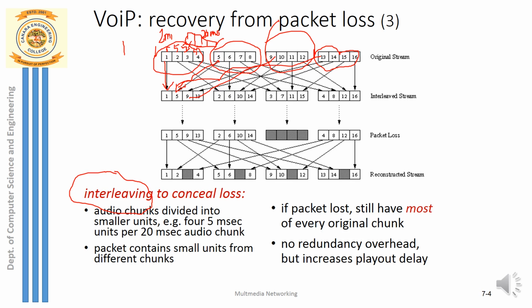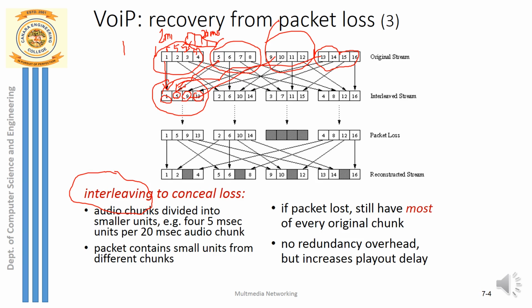So finally I have taken unit 1 from chunk 1, unit 5 from chunk 2, unit 9 from chunk 3, and unit 13 from chunk 4. All the very first units of the 4 chunks are taken, and this is how one single interleaved chunk is created.